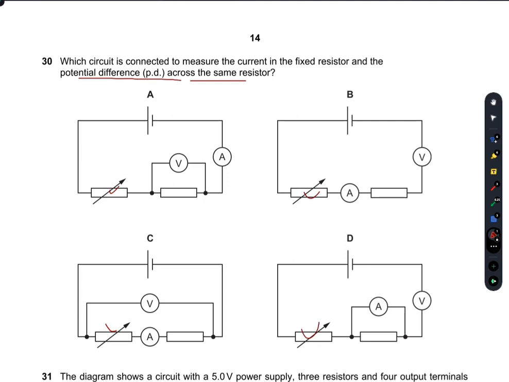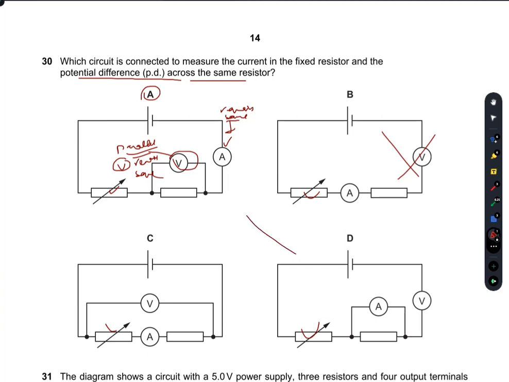So we will connect the ammeter in series because the current remains the same, whereas we would attach the voltmeter in parallel because the voltage remains the same. So A is true. In B, the voltmeter is also connected in series. So B is incorrect.